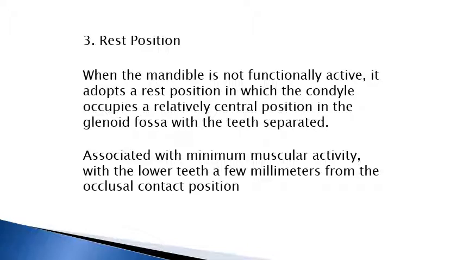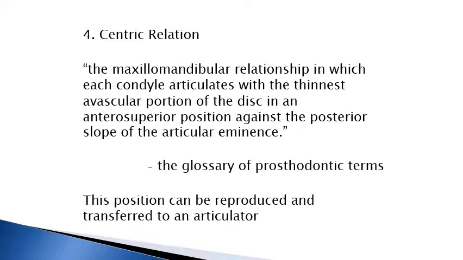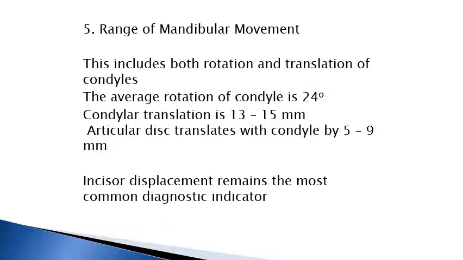And then you have the rest positions. These are very important: centric relation and centric occlusion, which you have already dealt with in your prosthodontics. Then you have the range of mandibular movements, how much in front the mandible is going, how much in the sides the mandible is allowed to go, how much is the maximum opening of the mandible.